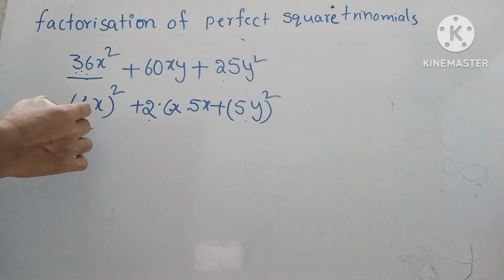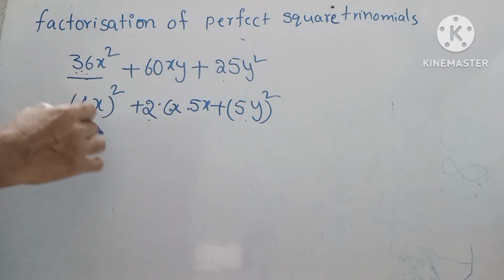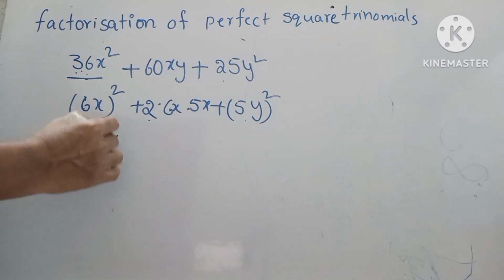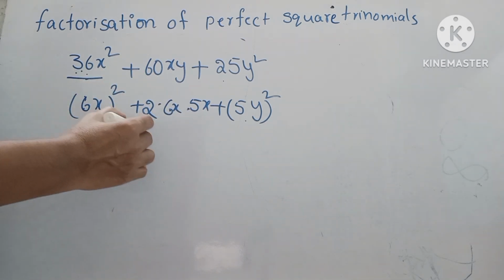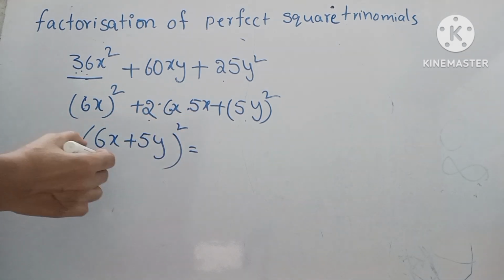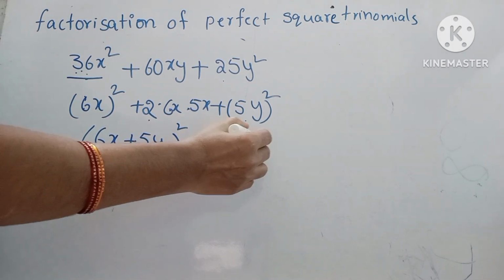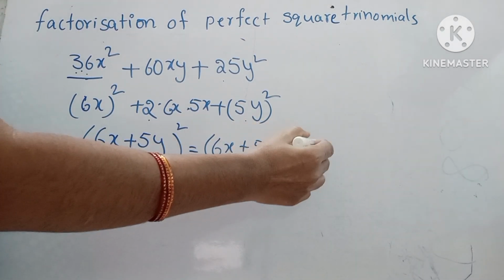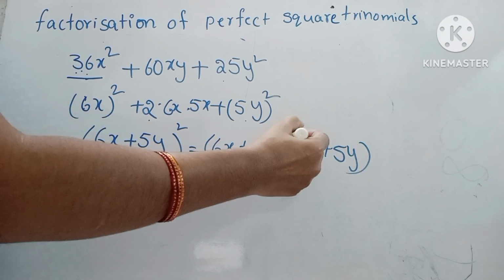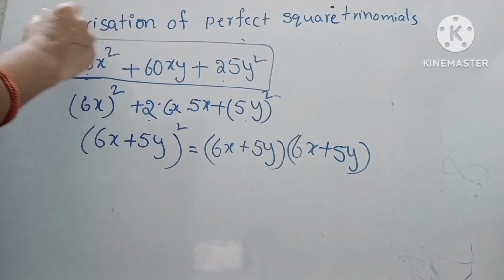So a plus b whole square formation లో ఉంది, expansion formation లో ఉంది కాబట్టి 6x plus 5y whole square గా రాసుకోవచ్చు. Then what are the factors of this? 6x plus 5y into 6x plus 5y. These are the factors of this perfect square trinomial.